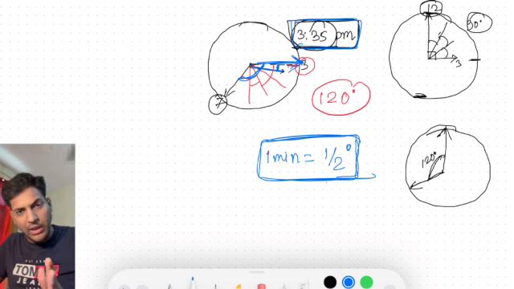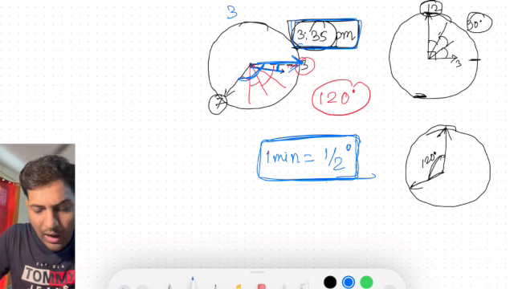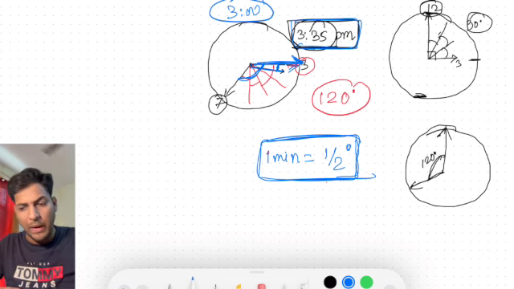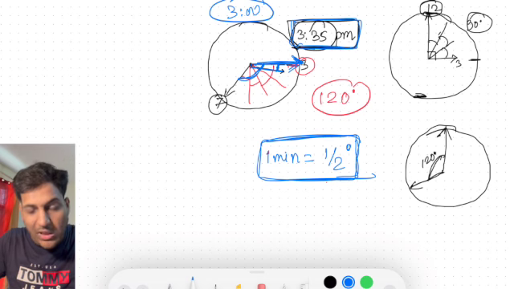At sharp 3, at 3:00, our hand was here. Now only 35 minutes have passed. In 35 minutes, how many degrees will our hand move? In 1 minute it is half a degree.